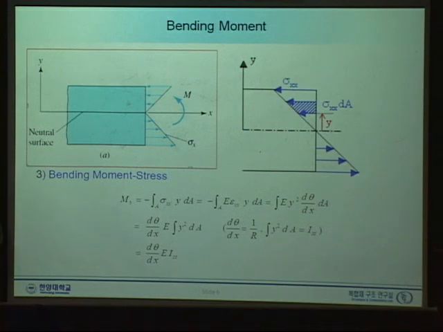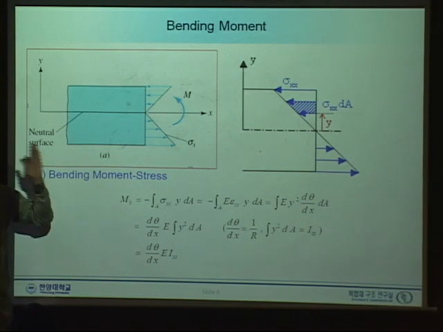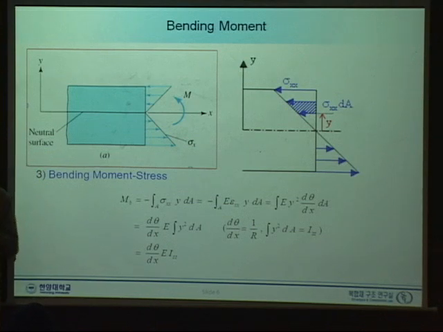Now, what is the next step? The next step is to express the moment in terms of the stress. Strain is proportional to y. So stress is simply E times epsilon, and so it should also be proportional to y. So as you can see here, the top surface, I would like to draw this way.